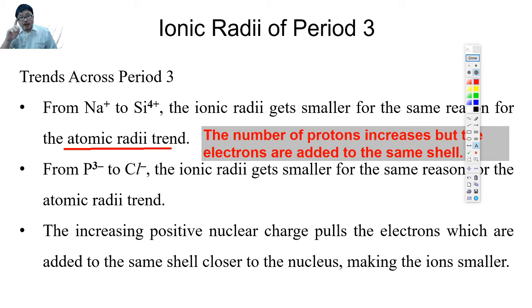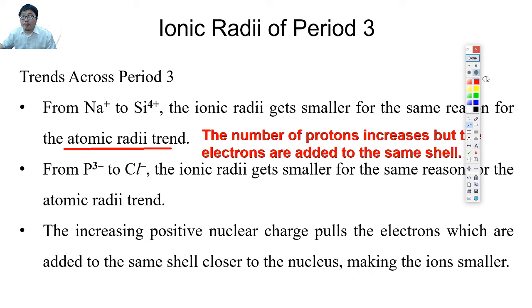Therefore, shielding effect remains constant and the distance between the outermost electrons and the nucleus decreases. So, ionic radius becomes smaller. Same thing applies for the trend from P3 minus to Cl minus: increasing positive nuclear charge, but the electrons are still added to the same electron shell. Ions become smaller.